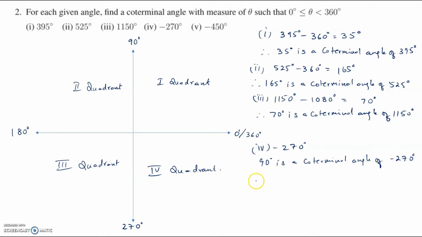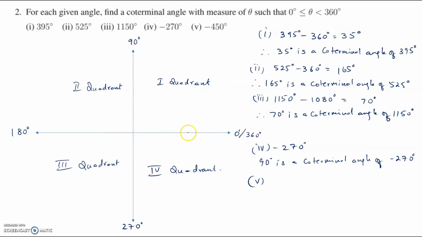Then the last one, which is minus 450 degrees. So when you say minus 450 degrees, it's in the clockwise direction. One full cycle in the clockwise direction will be 360 degrees.